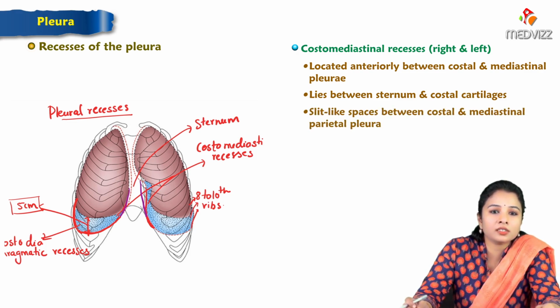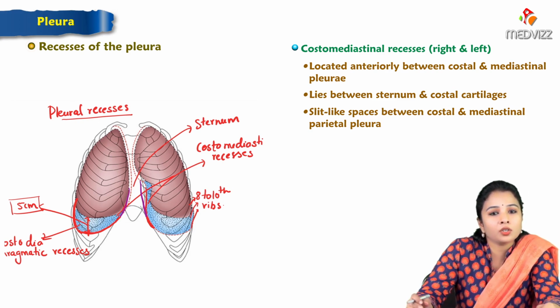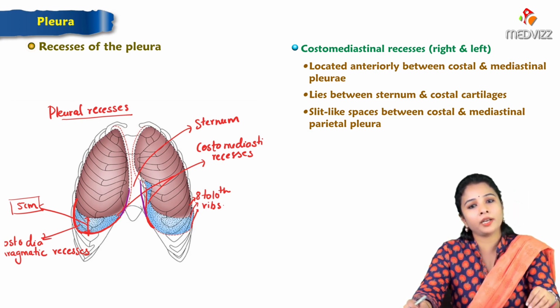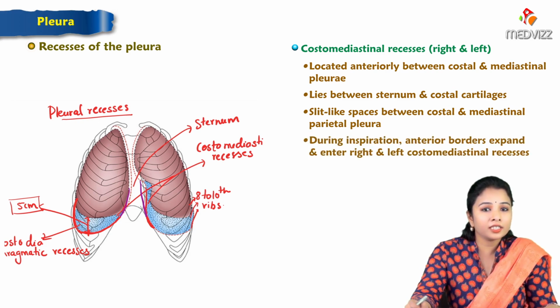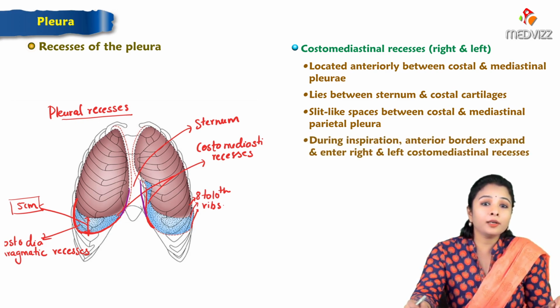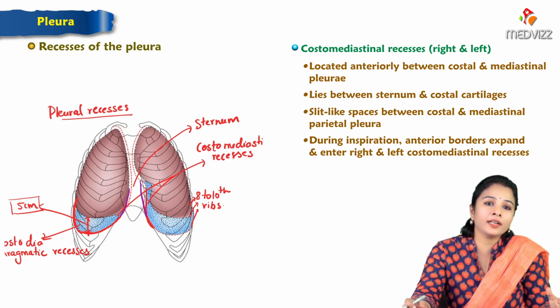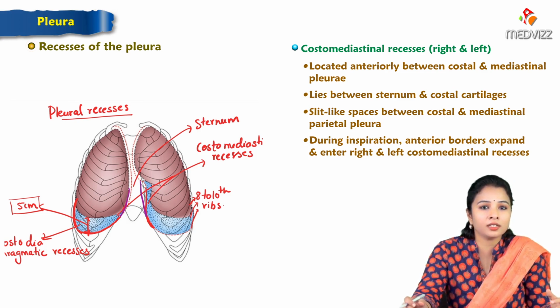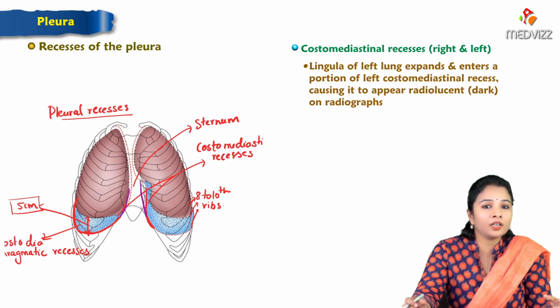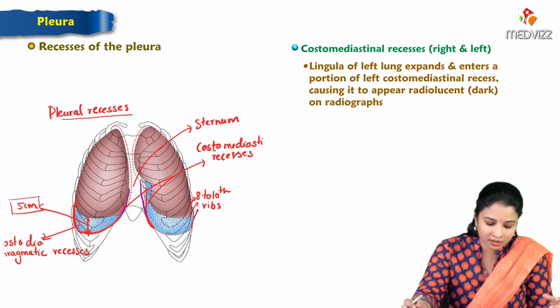The costomediastinal recess is a slit-like space between the costal and mediastinal parietal pleura. During inspiration, the anterior borders of both lungs expand and enter the right and left costomediastinal recesses. In addition, the lingula of the left lung expands and enters into the left costomediastinal recess.